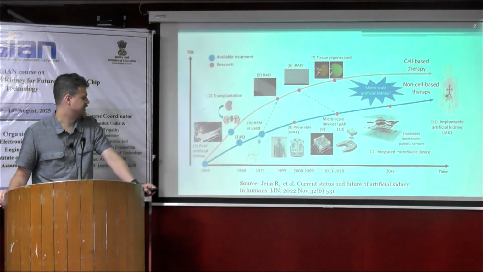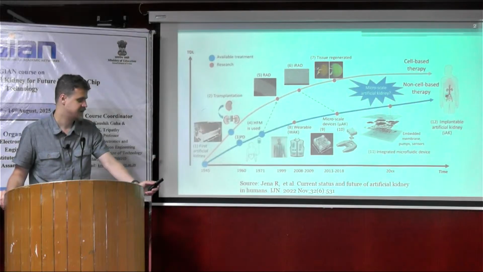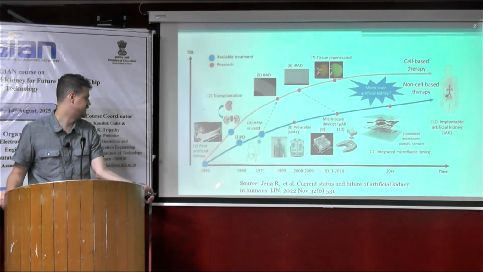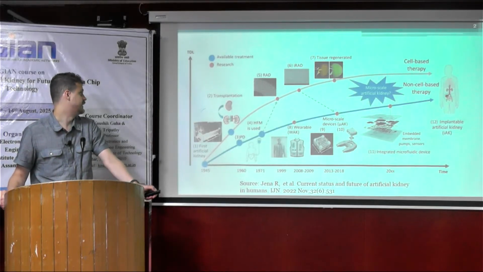Here's a quick historical overview of the development of different approaches of renal replacement therapy, mainly the apparatuses called artificial kidney. It all starts in 1945, when the first apparatus of hemodialysis was introduced by Kolff.